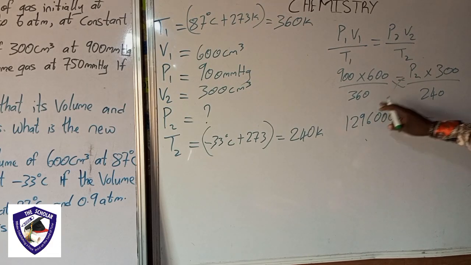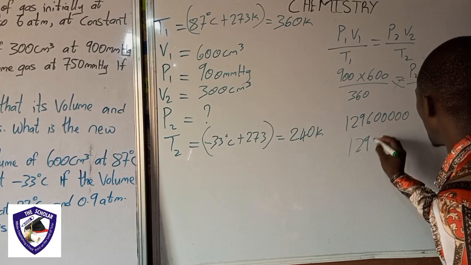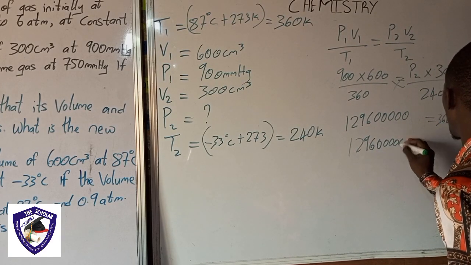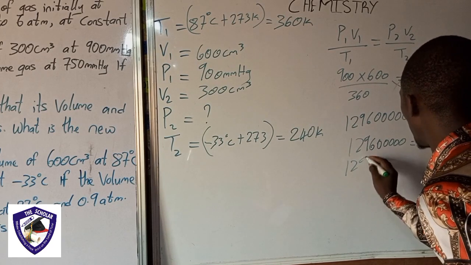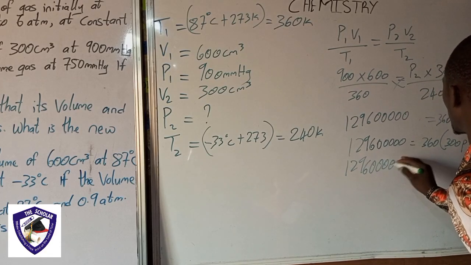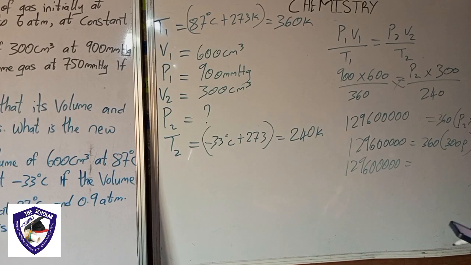Now for this, 360 multiplied by P2 times 300, we have 1,296,000,000 equal to 360 times 300p. So here we have 1,296,000,000 equal to 360 multiplied by 300, that is 108,000p.